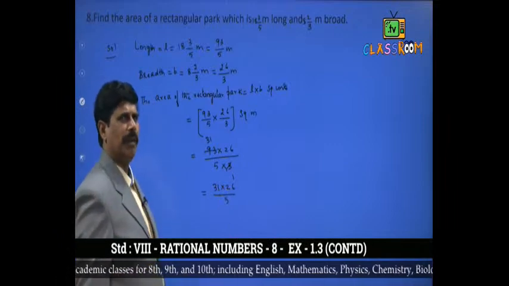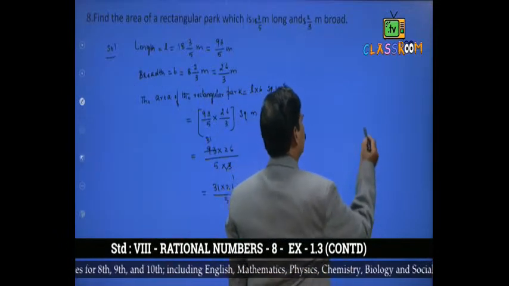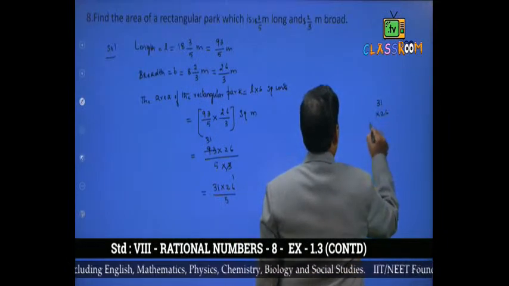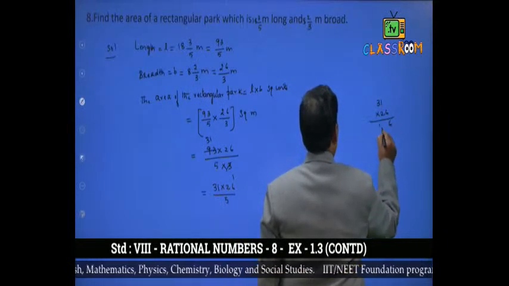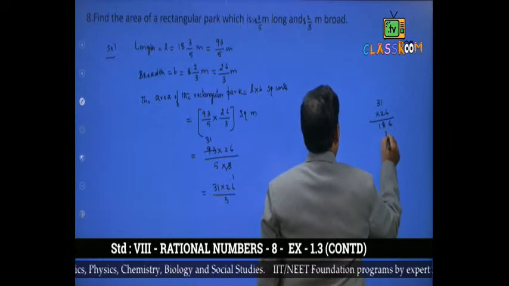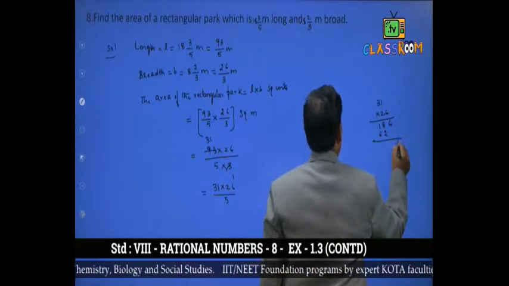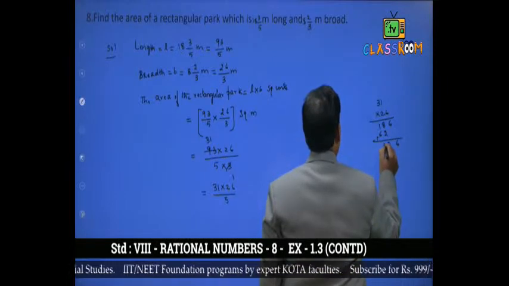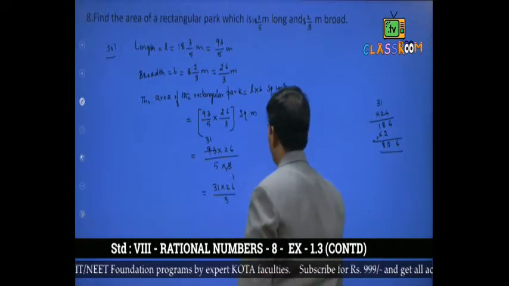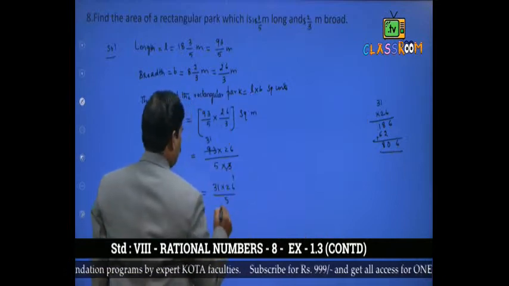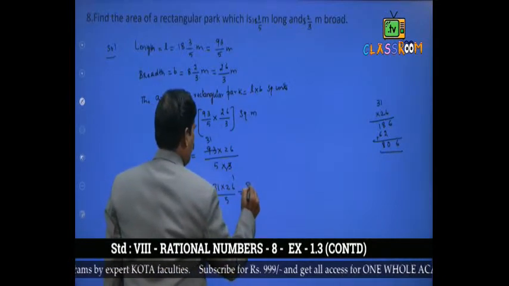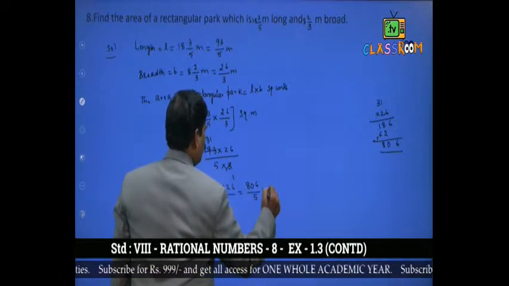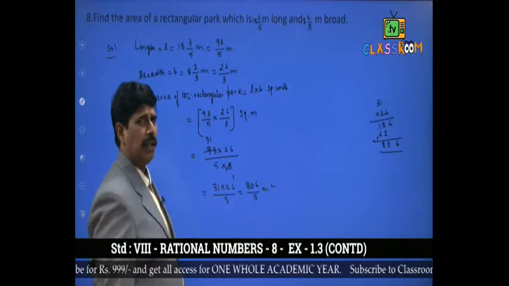So first multiply 31 into 26. 31 multiplied by 26. 6 ones are 6, 6 threes are 18. 2 ones are 2, 2 threes are 6. So it is 6, 10, 1 comes here. 6 plus 1, 7, 7 plus 1, 8. So it is 8, not 6. So this is equal to 806 by 5 square meters. Now it is improper.